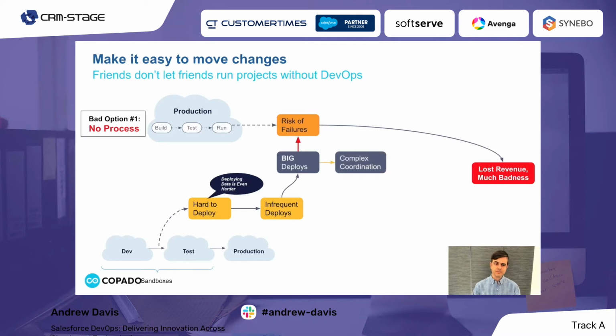So to avoid that, what we do is we have these very complex coordination meetings and war rooms where we're all sort of planning the release. We work through the weekend, and long testing cycles to make sure that you've got all the people you need in place to review things. And what does that do? It makes the deployments even less frequent. It really makes the deployments a phenomenal pain in the butt. And so you do it as infrequently as you possibly can.